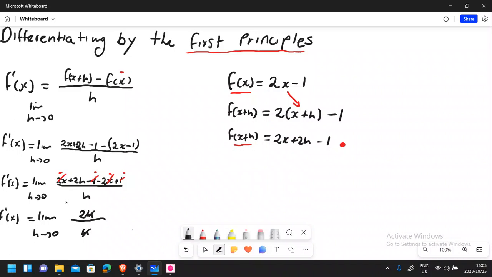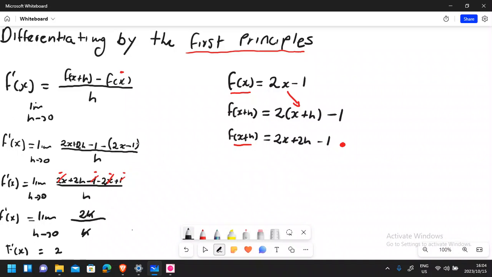So when it's like this, guys, the limit and the h approaching 0 is really not that useful anymore, because where are you going to substitute this 0? You can't substitute it anymore. So this limit and h approaches 0 falls out. So your answer is going to be 2, meaning that your f of x prime is equal to 2. So this is your final answer, guys.